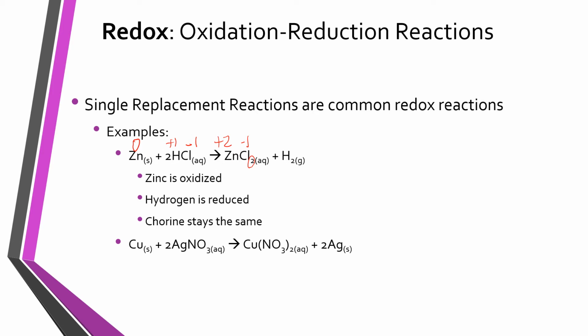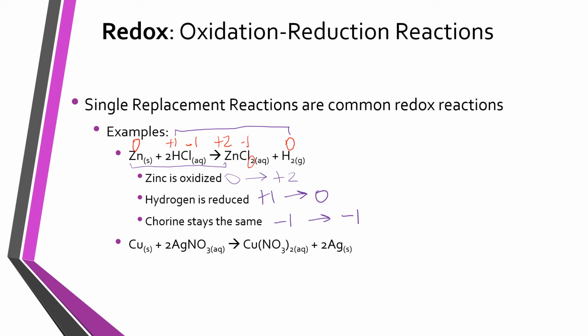Hydrogen is in its natural state still, so it is 0. So if we look, zinc went from 0 to plus 2, so it is oxidized. Hydrogen went from plus 1 to 0, so it is reduced. Chlorine, negative 1 to negative 1. It was neither oxidized nor reduced.